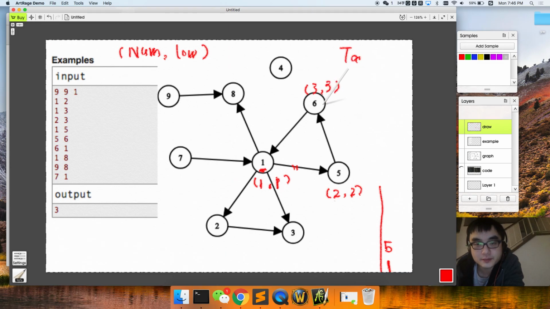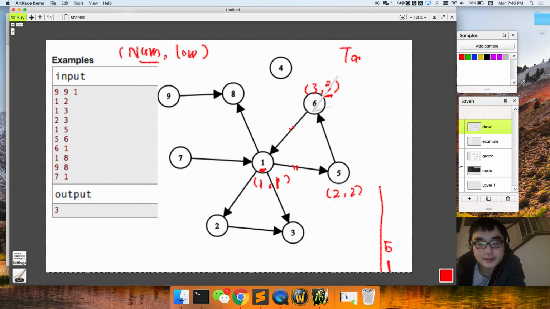And we keep doing the depth first search. Now we encounter 1 here. So we visited this guy before, so we update the low here, right? Because it already has a number.